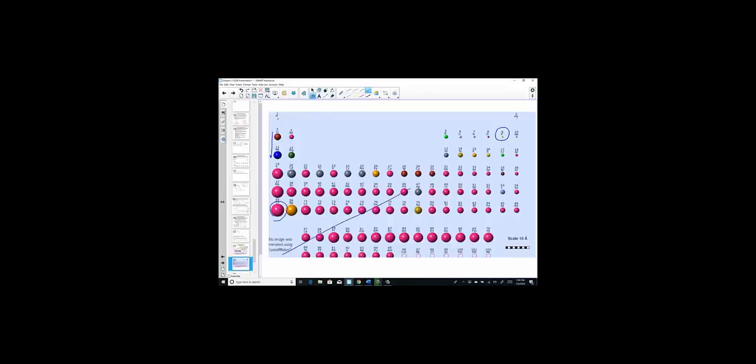The trend? Atoms get smaller as you head towards fluorine. Atoms are biggest in the bottom left. I should have drawn the arrow actually from cesium. This would be the direct direction. Atoms are biggest in the bottom left. Atoms are smallest in the top right.